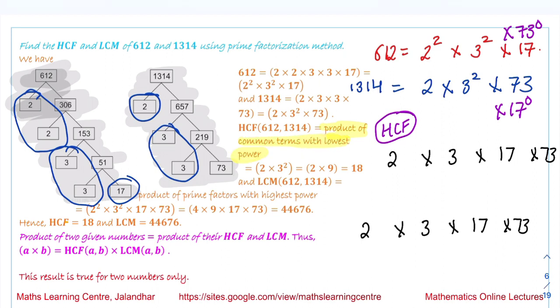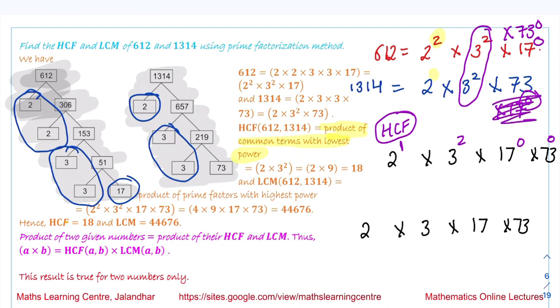Lowest power means, if I look at the power of 2 over here and here, the lowest power we have is 1. The lowest power of 3, in both these cases, is 2. The lowest power of 17 is 0 and 1, so basically it is 0. Lowest power of 73 is 0.